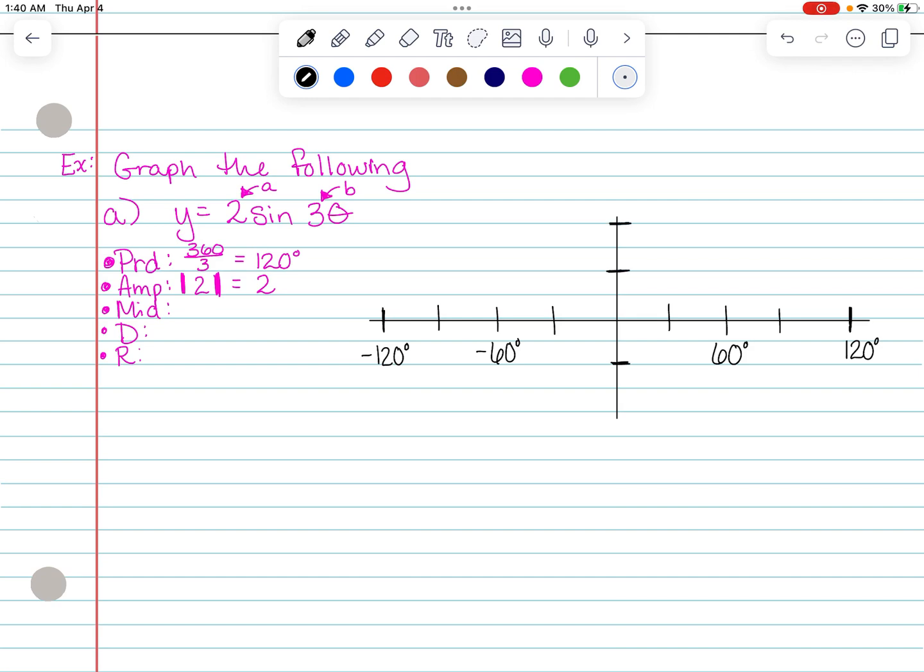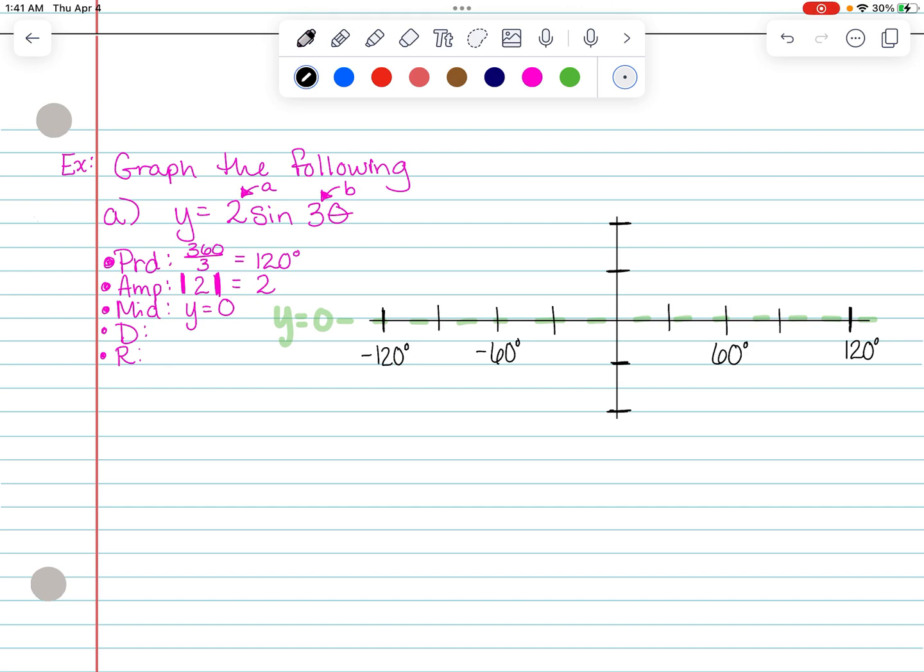So, on my y-axis, I go up at least double that number above and below the midline, and for now, our midlines are always going to be at y equals 0. So I'm going to graph my midline on here as a dotted line.